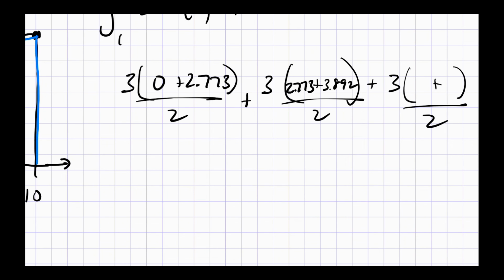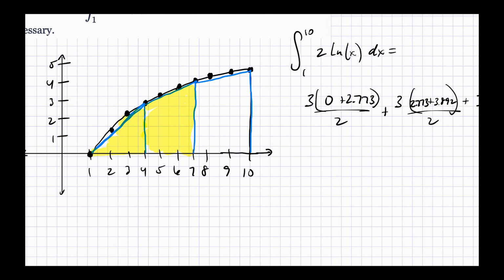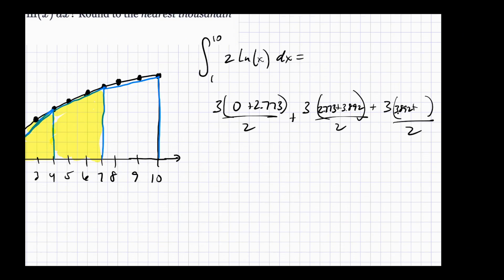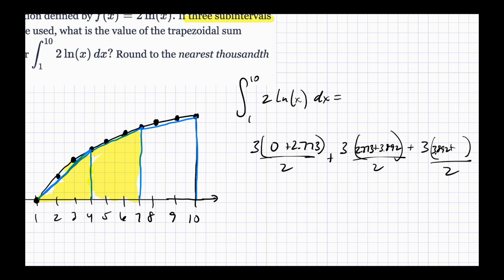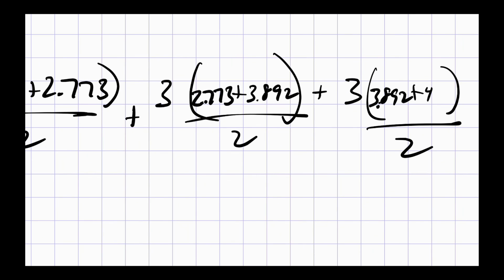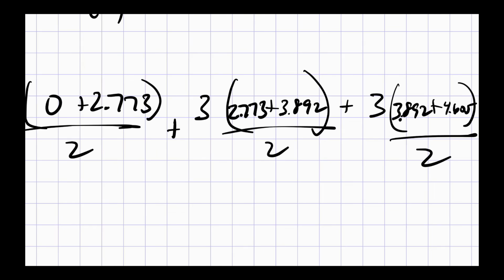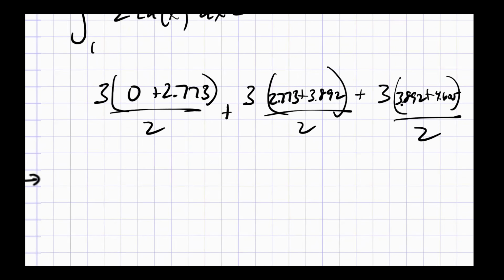Okay. The last one starts at 3.892. And then the last height is here from 10. So the natural log of 10 times 2, 4.605.